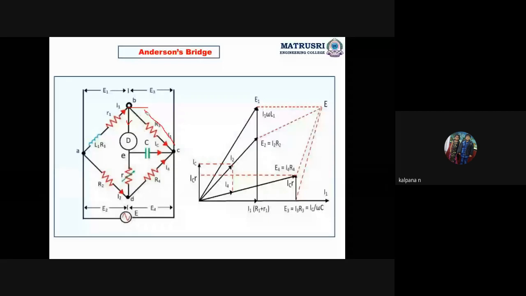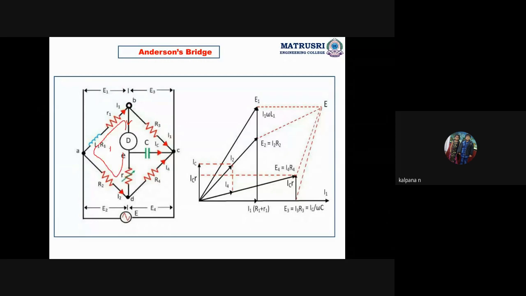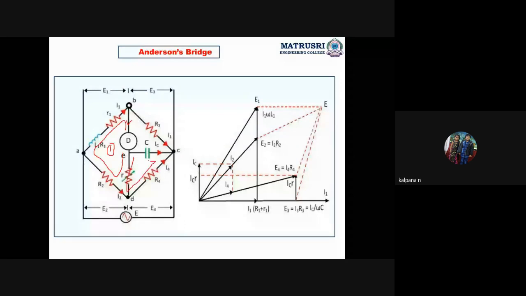Here three loops are formed. The first loop is this one. Next, this is the second loop, and this is the third loop.